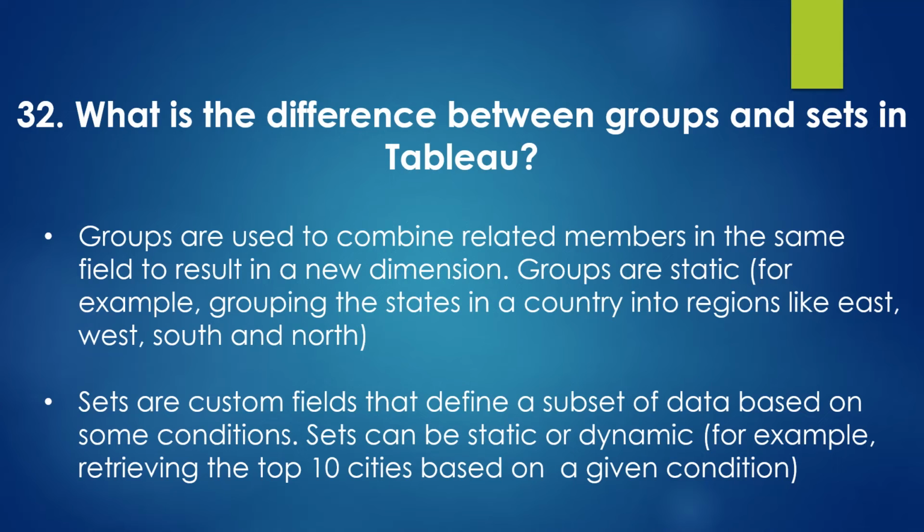For example, grouping the states in a country into regions like East regions, regions in the West, regions in the South, and regions in the North. Whereas sets are custom fields that define a subset of data based on some conditions. So here, to create a set, we need conditions. For example, we want to create the top 10 cities based on a given condition. And sets can be static or dynamic, whereas groups are static.